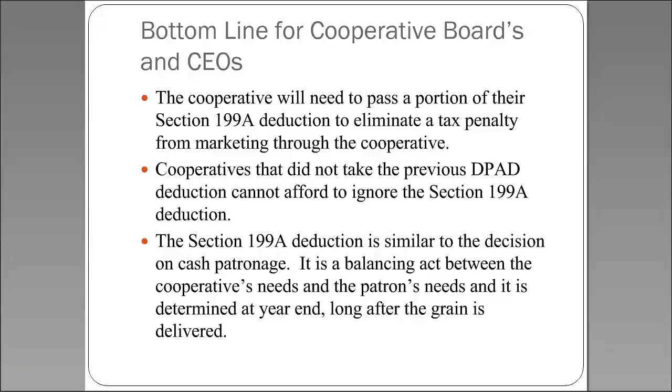Well, now those co-ops really need to scramble, because their producers are going to be penalized whether or not their co-op can give them a pass-through. So the co-op almost can't afford not to take the pass-through, take the deduction at the co-op level now, just to be in the position to be able to pass some of it through to offset their producer side.